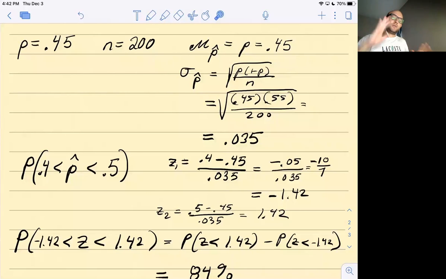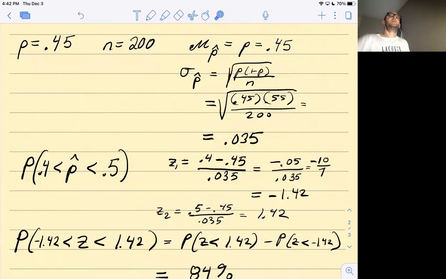This is for heights, right? That sigma that I'm giving you, I just kind of come up with out of thin air. Technically you would need to measure everybody and calculate the standard deviation to know the standard deviation of the population.